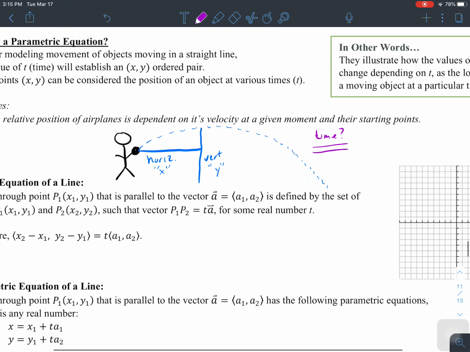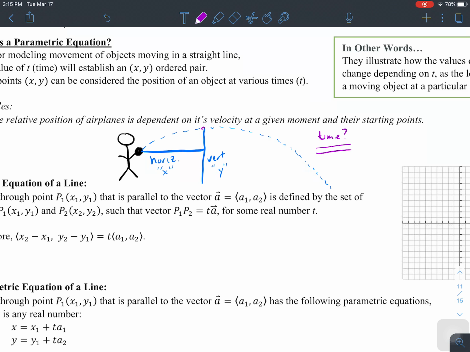It gives us an ability to figure out, if I know here is the ball, and I know how long that ball has been in the air, and so I say, hey, you know what, the ball has been in the air for 1.5 seconds, I can create an equation that will allow me to find what's my horizontal distance by knowing that time, and what's my vertical distance for knowing that time.